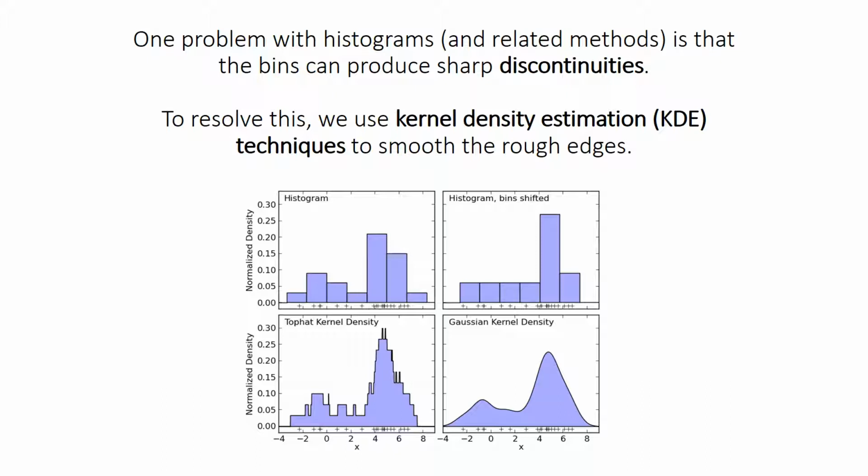What we want to do is smooth that out a little bit, and so we're going to be moving towards things like the kernel density techniques that you're seeing there at the bottom. And these are just sort of moving averages. They get a little bit more complicated than that, but that's not a bad way to think of it at the beginning.